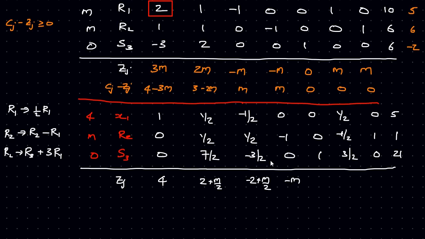Okay, 4 into 0, m into 0, 0 into 1. Okay, 0, and then here we have 2 minus m by 2 and m over here.